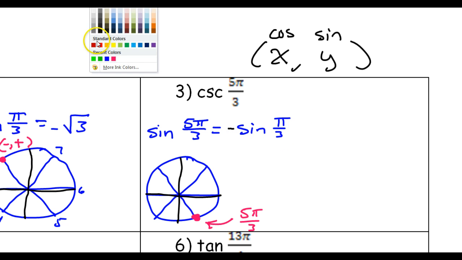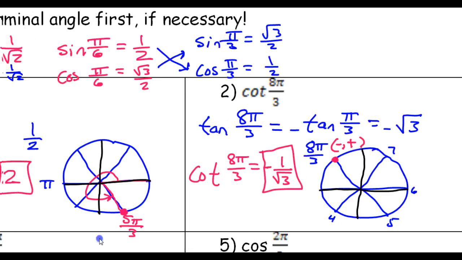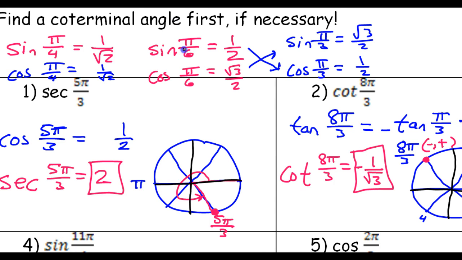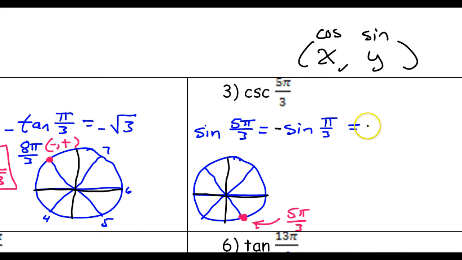So let's continue. We have memorized the sine of pi over 6 and the cosine of pi over 6. And then we know that the sine of pi over 3 and the cosine of pi over 3 will just be the opposites of those. And we always will write that down. So anyway, sine of pi over 3 is radical 3 over 2. So we'll have negative radical 3 over 2.